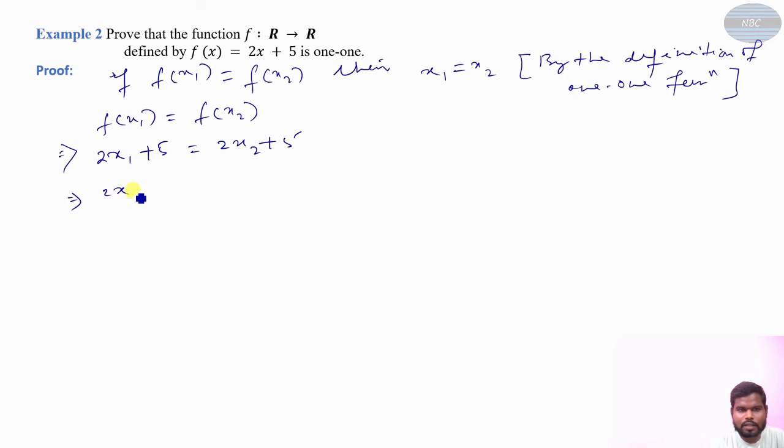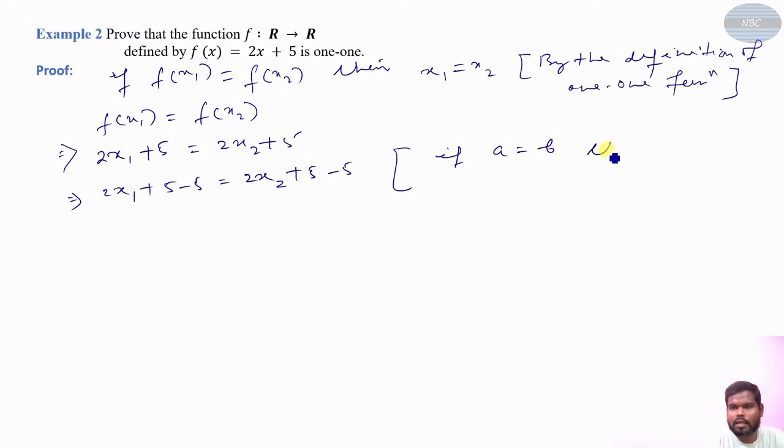This implies 2x1 plus 5 minus 5 is equal to 2x2 plus 5 minus 5. This is similar to: if a is equal to b, then a minus c is equal to b minus c.